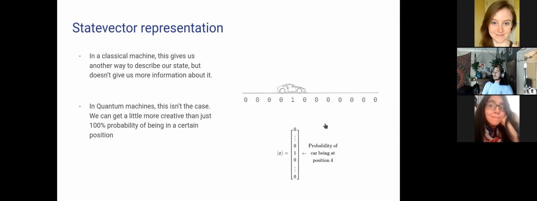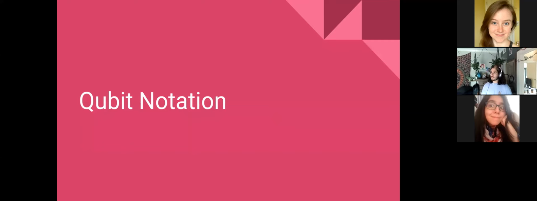Instead of doing an operation on a car that has a single position, we can do an operation on all of the possible positions, because there exists some non-zero probability of them being measured at each given position, as in a more complex example, which we'll see in the next few slides.